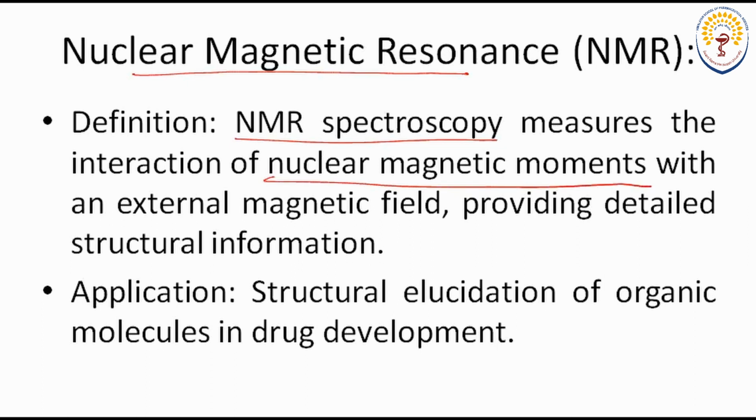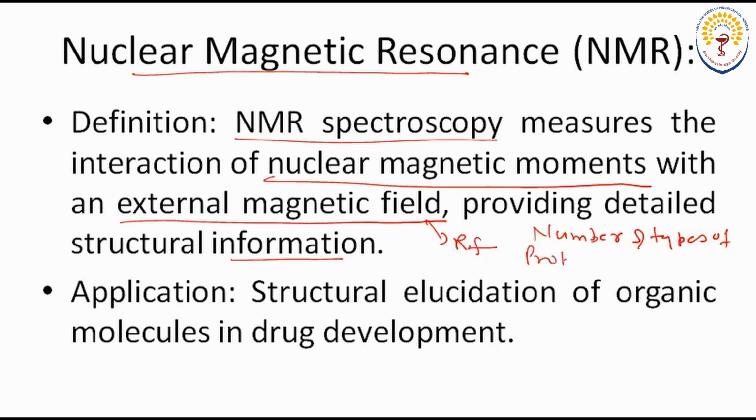We are subjecting our nucleus to an external magnetic field, and in that external magnetic field, we are applying a radio frequency RF wave, and then we are checking the spin of the nucleus, and by this information we are identifying the number and types of proton or other spin active nucleus in the sample.